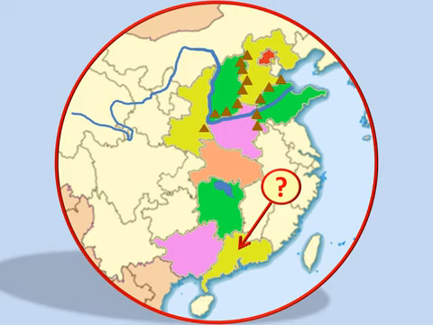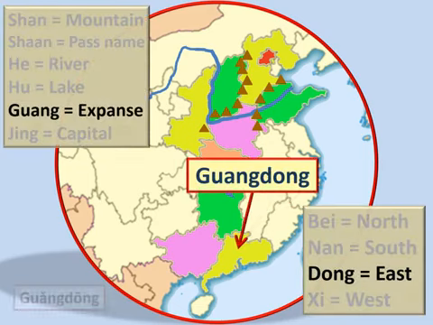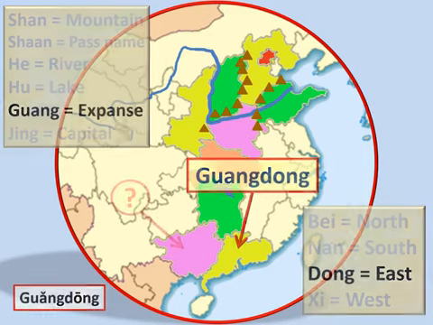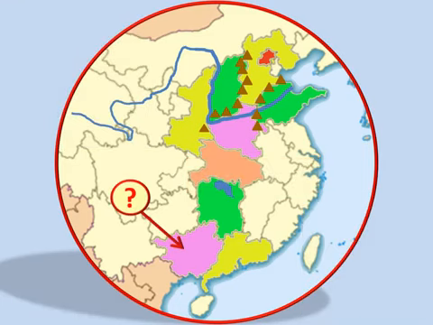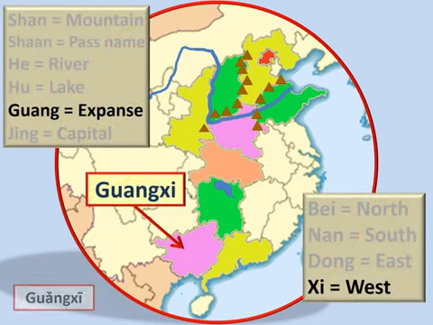What's the name of this province? 广东. What's the name of this autonomous region? 广西.